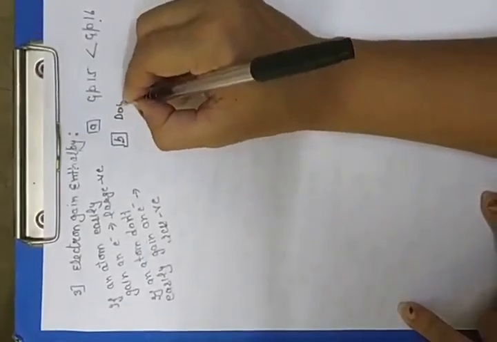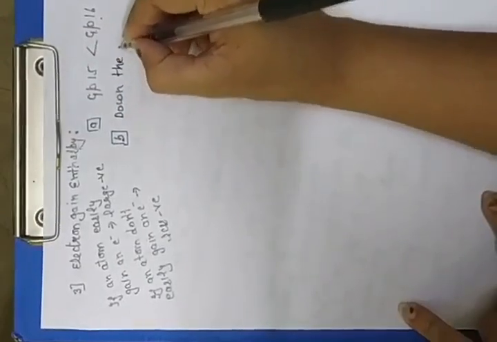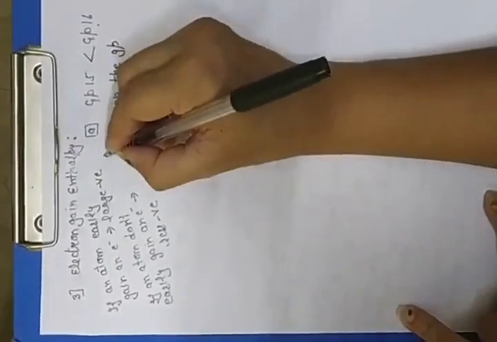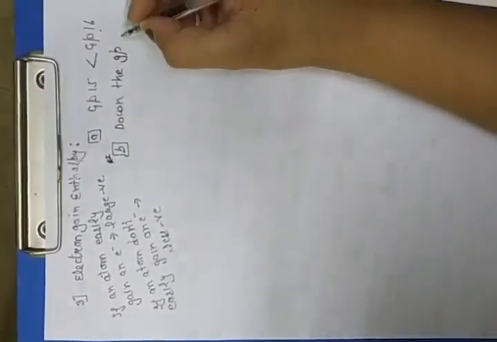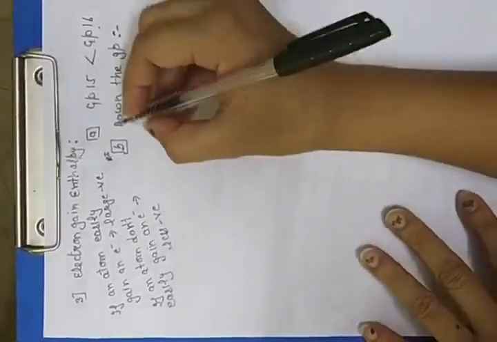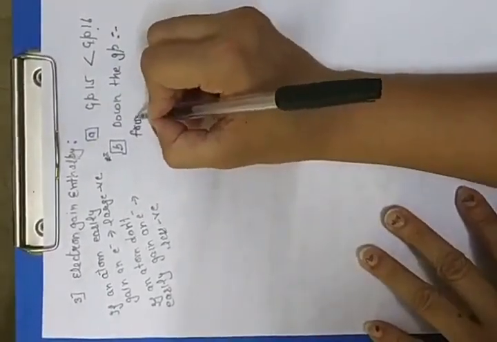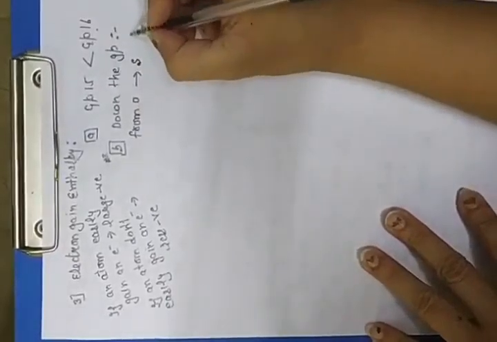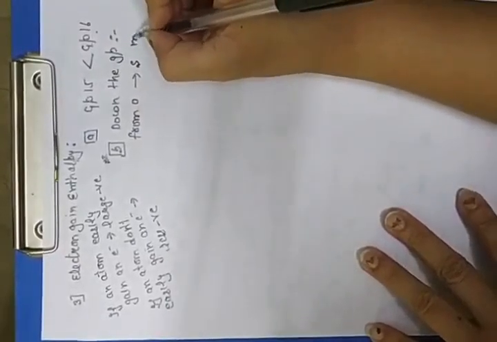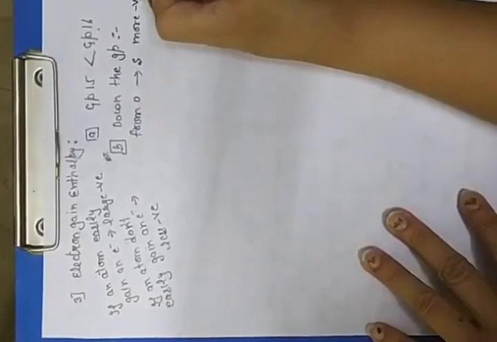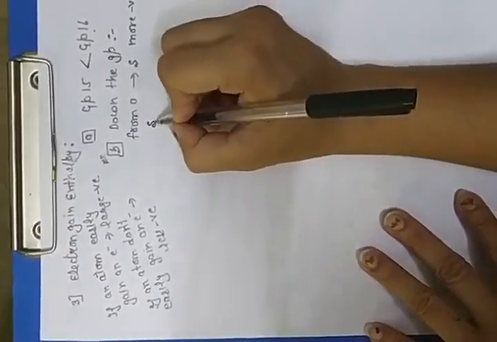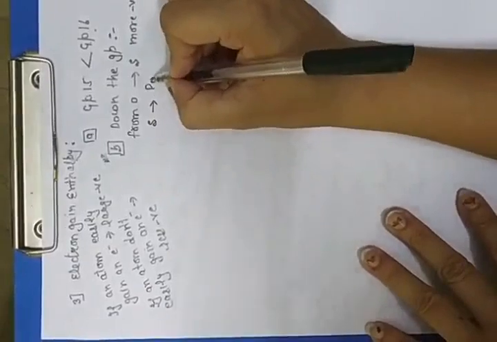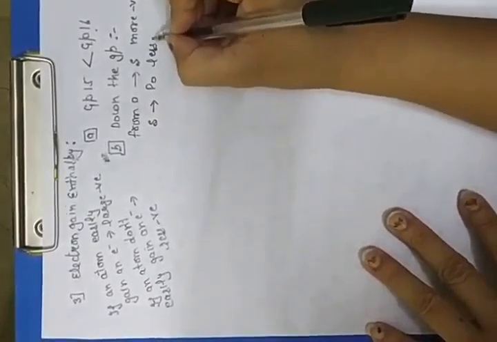So next one is down the group. That is the important point here. Down the group, from oxygen to sulfur, it becomes more negative, and from sulfur to polonium, it becomes less negative.